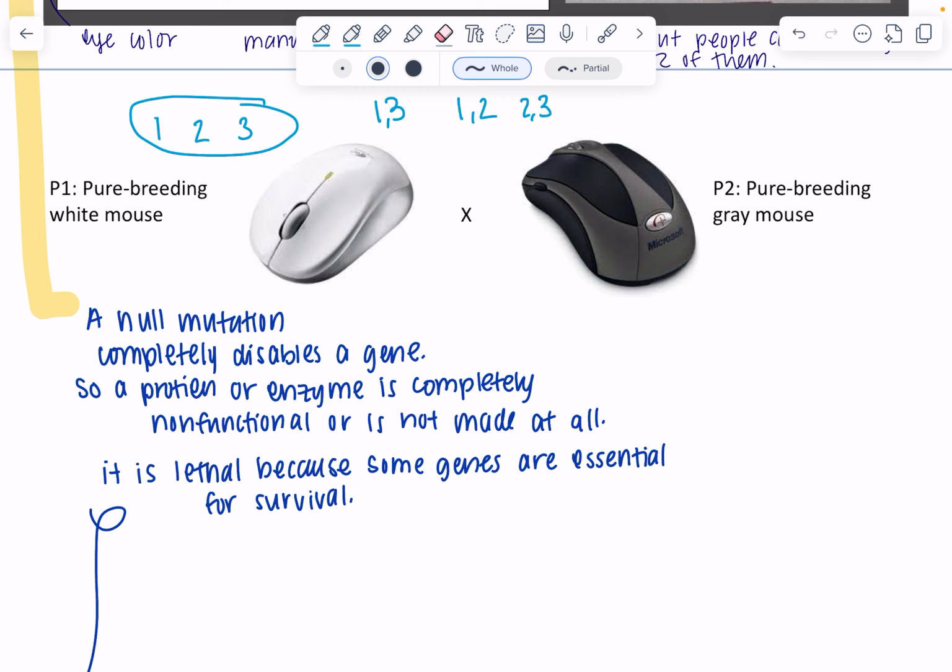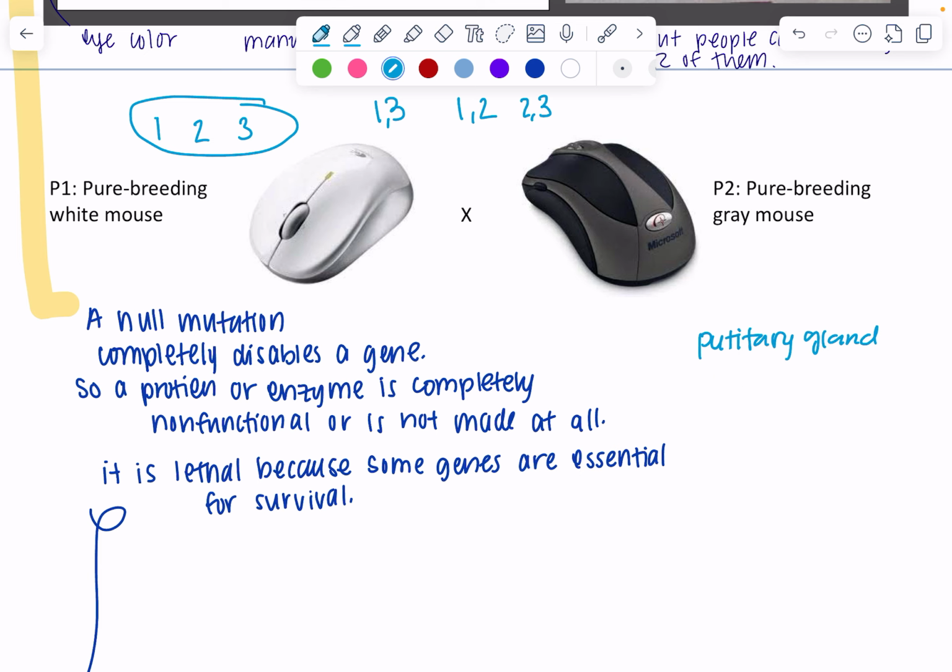So an example of that would be if a gene was controlling for heart muscles, or a pituitary gland. I think there's a fish that has a gene that codes for several things. And one of the things it codes for is the pituitary gland. It also codes for this fin on the back of its back.